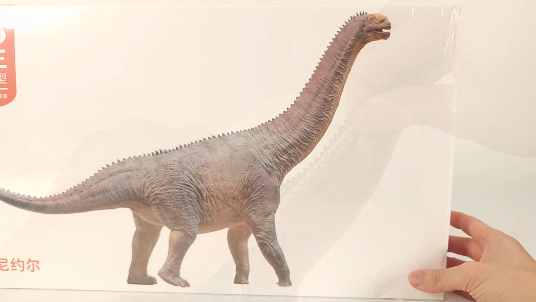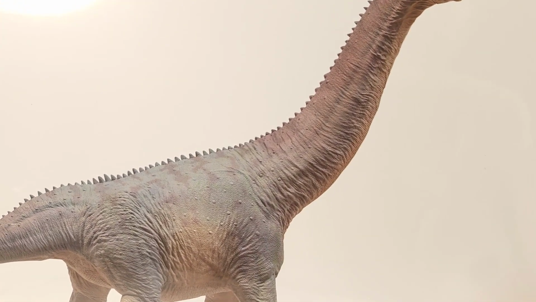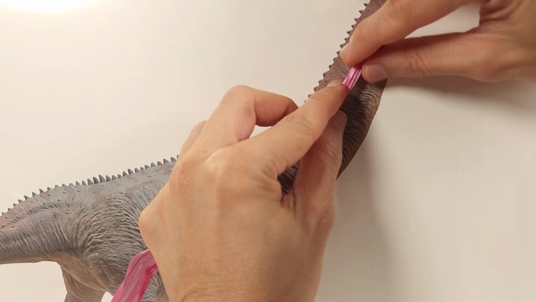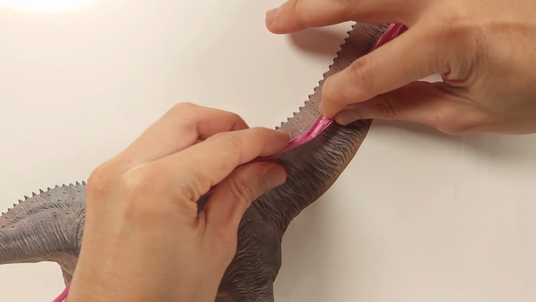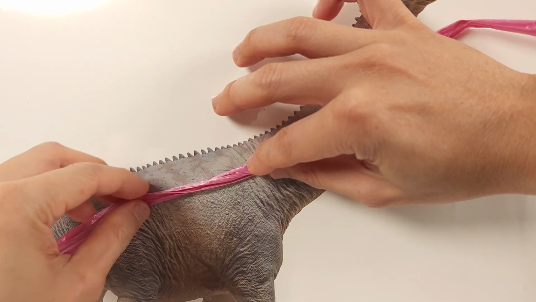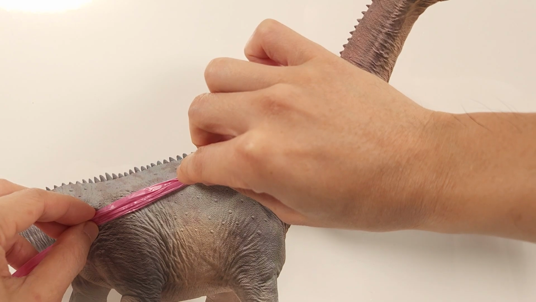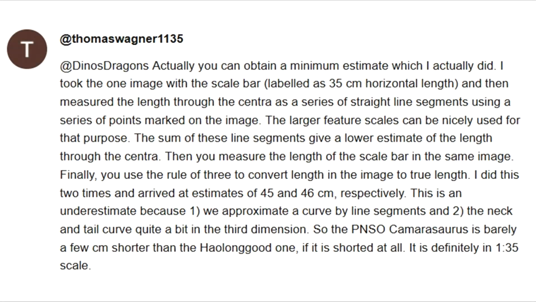Now, if you're keen or desperate enough to estimate the length with an image, I'd suggest getting one that's as close to the straight side-on profile as possible, and use a string to measure along where you think the center would be, instead of trying to pivot with a ruler. And of course, you may have a method that works for you. For example, here's someone with obviously more brains than I do.